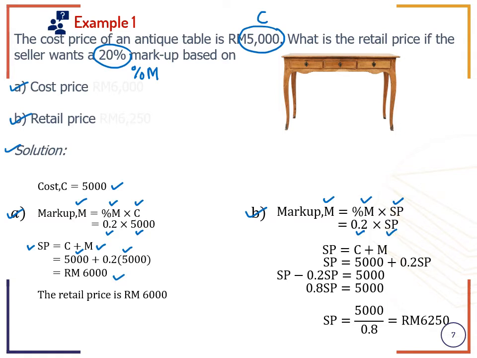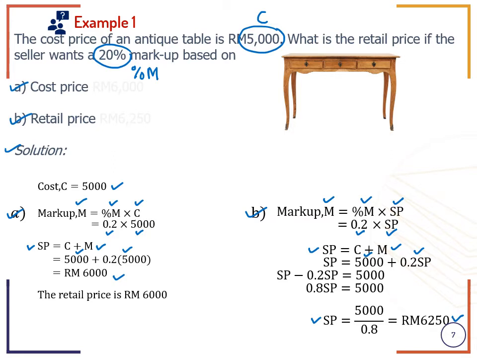From the formula of SP equal to cost plus markup, replace the value of cost with 5,000 and markup with 0.2 SP and solve for SP. So SP here is equal to 6,250 ringgit.